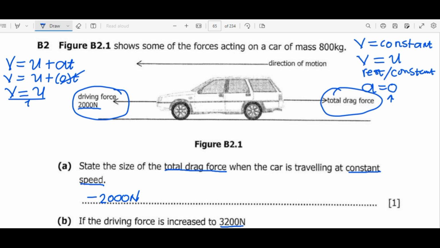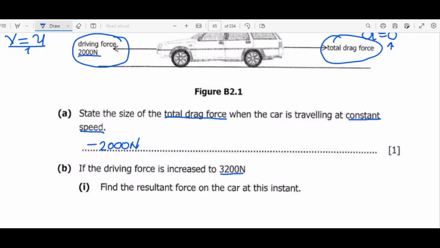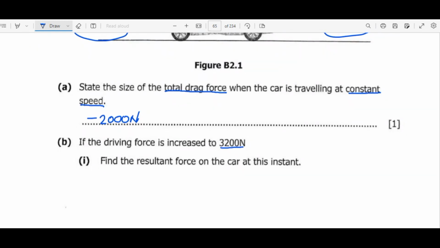Remember, the drag force is still negative 2000 newtons, but the driving force has increased to 3200 newtons. This time, we are expecting to have acceleration because the two forces are not equal.